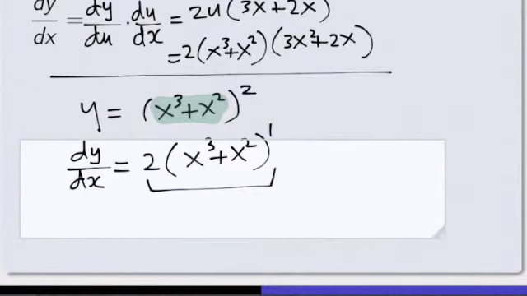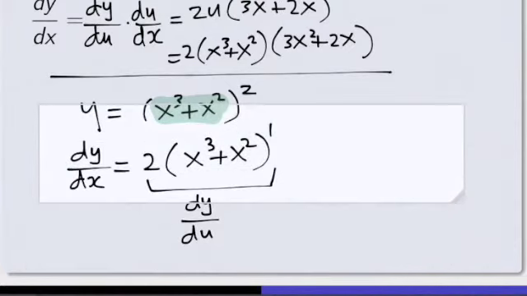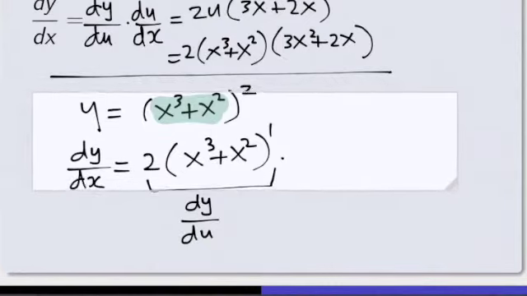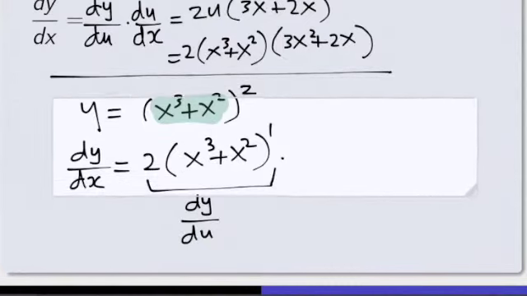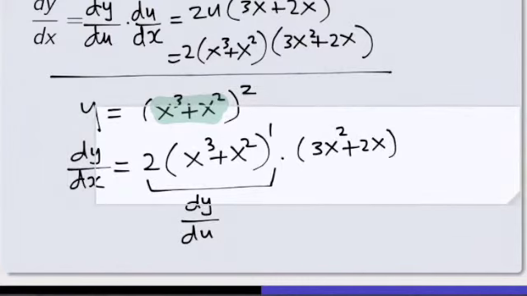So what we've got here is dy du, and the chain rule states that dy dx is dy du times du dx. So we need to multiply this by du dx. Now u is the colored term, u is x cubed plus x squared, so differentiating that with respect to x gives us 3x squared plus 2x.